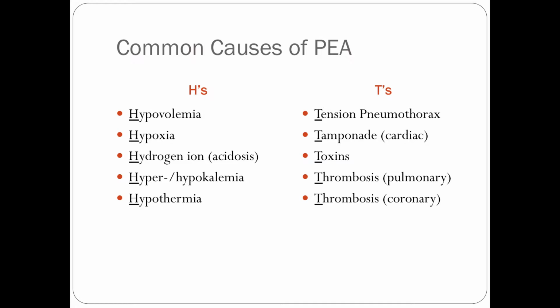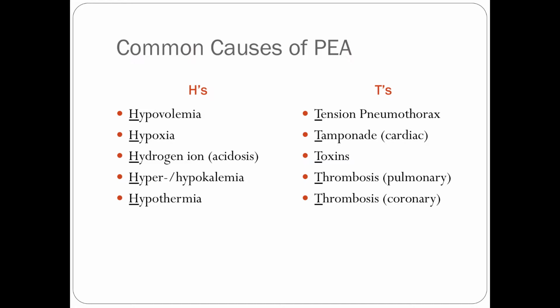The common causes of PEA, here they are: hypovolemia, hypoxia, hydrogen ion excess, or acidosis. That's what causes our pH to become acidotic and move to the left side of the pH line. We could have hyper- or hypokalemia and hypothermia. And what can we do in the pre-hospital setting for all of these?